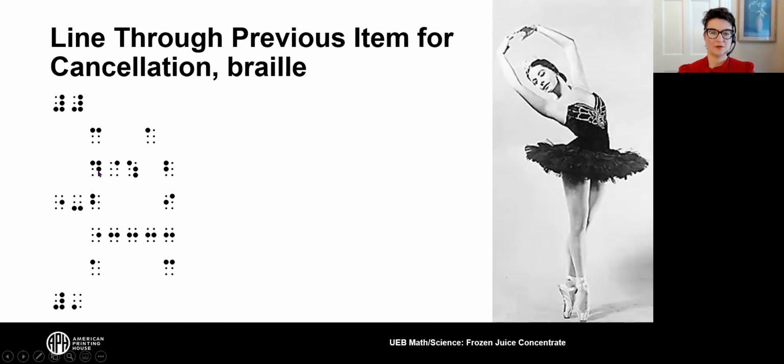The 3 is above the 4, and the 4 has the line through previous item indicator following it. The number 2 is spaced over from that, and that lets this little 1 that's combining with the 2 to make 12 be in a column of its own, because it's not replacing the 2.